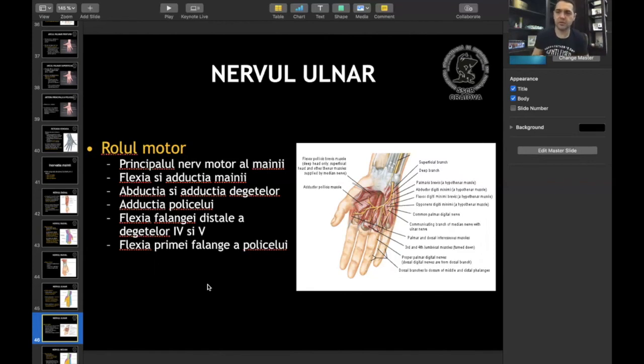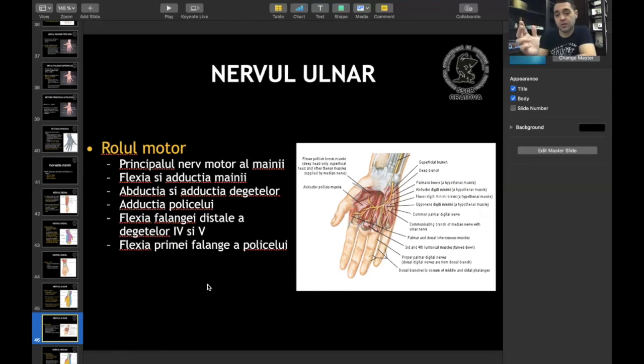So we can see in another session when we have a high trauma of one nerve, the motor part of the nerve will give a specific aspect of the hand. For example, when we have the ulnar nerve cut at the higher level, where the motor part is mainly important, then we have this aspect of ulnar claw.